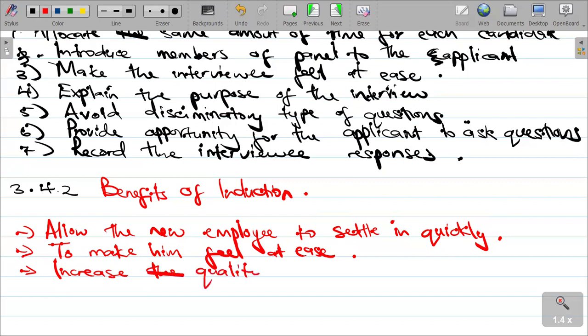Through the induction program, the employee might be able to perform well.